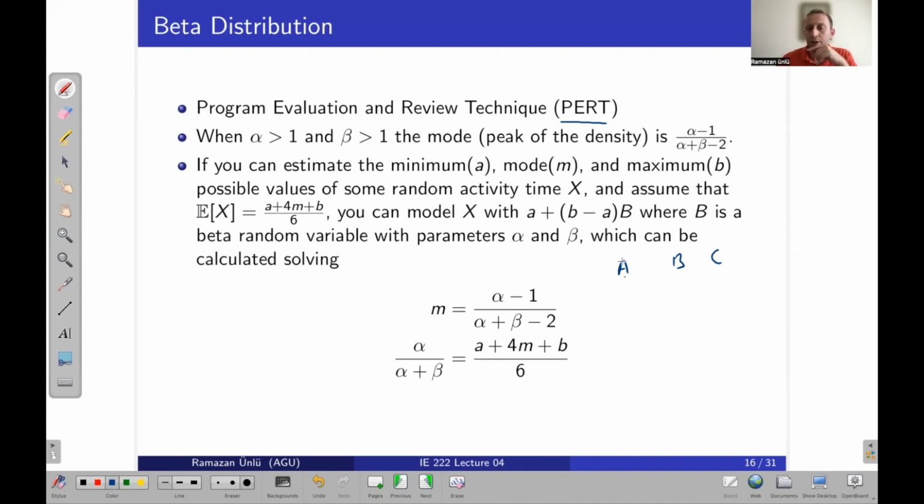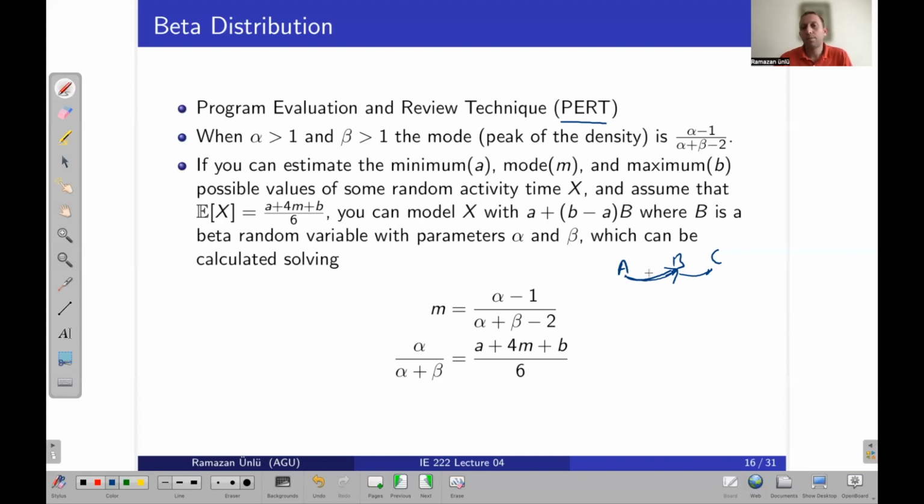So after finishing A, you can start B. And maybe to start C, you have to finish B. So that's why some precedence relations exist in this kind of network, that project network. Sometimes the time needed for these events can be deterministic. That will be constant and that will be given to you. If this is the case, your job will be easy, right? Because you can simply calculate the total duration or total time needed to complete this project.